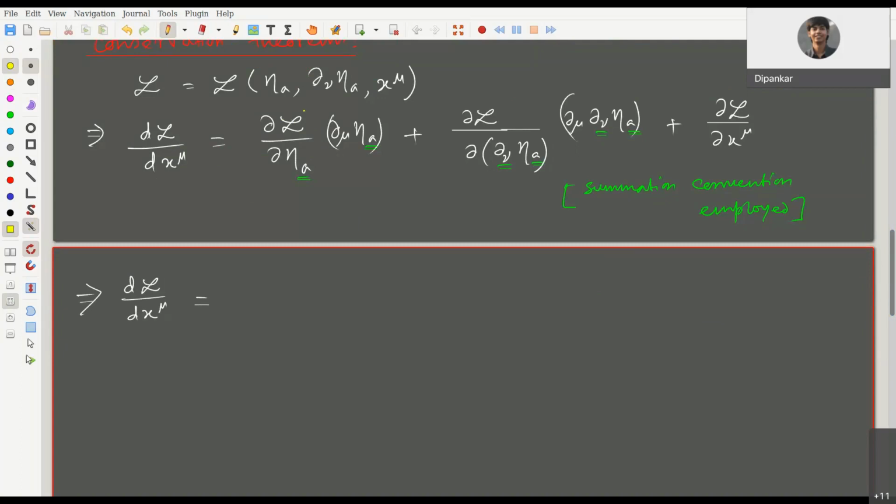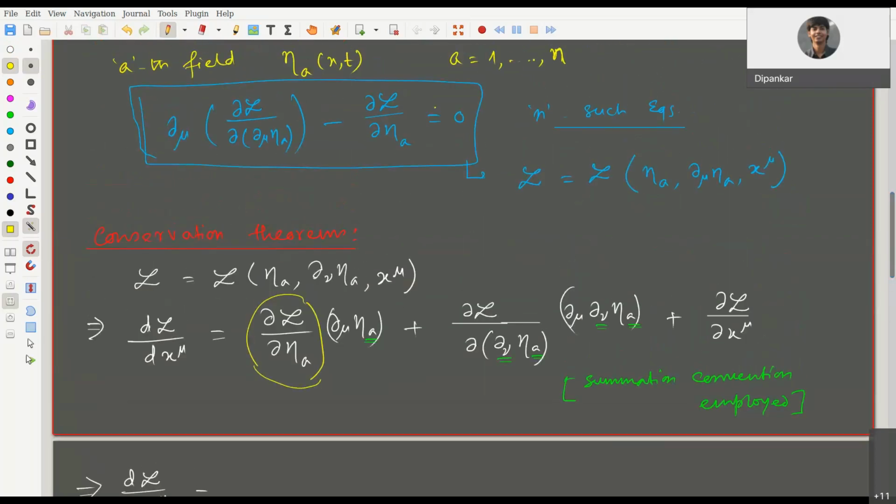Okay. So this term here, I can use the equation of motion to replace this term. So d del L del eta A is basically del mu del L del eta UA. Okay. So that del mu, remember to interpret it as a total derivative, as I told you.